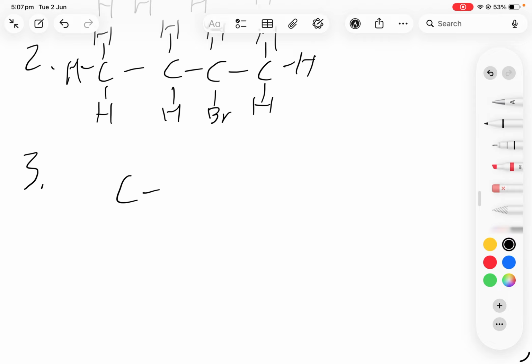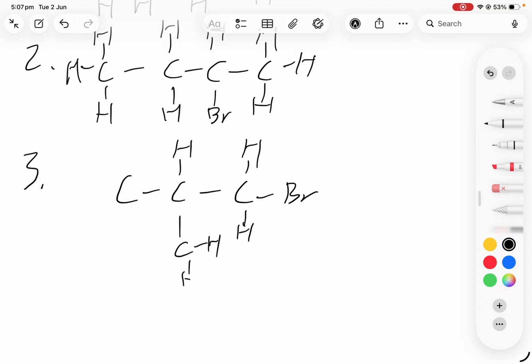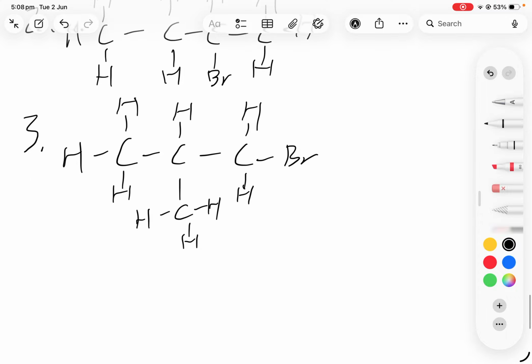And then a third one has to have 3 carbons, yeah? And the middle carbon has to be here. So let's put the Br here first. And because they're all out of here, we can literally put the Br here, and they'll be the exact same as this one, because the C's all look the same, so you can flip and look the same.